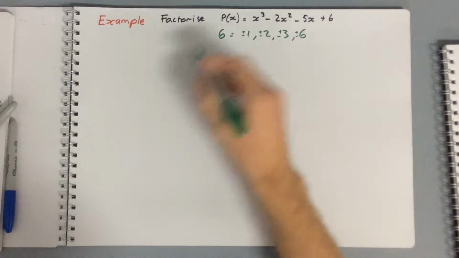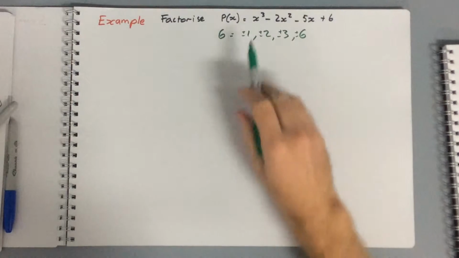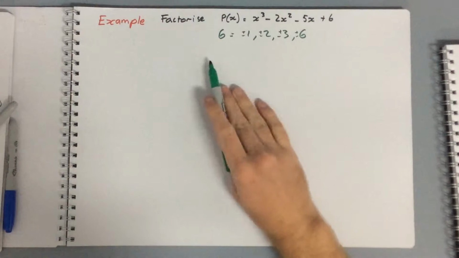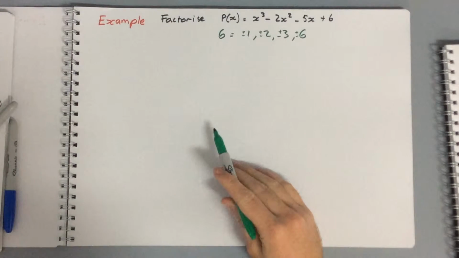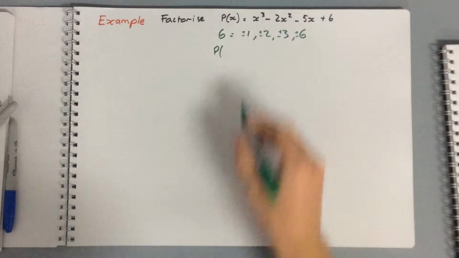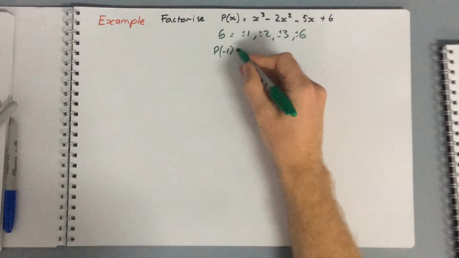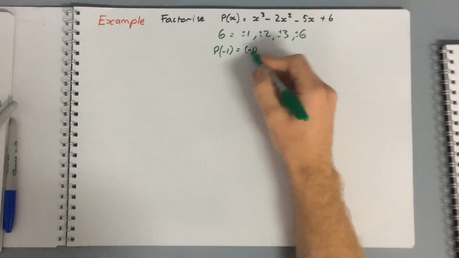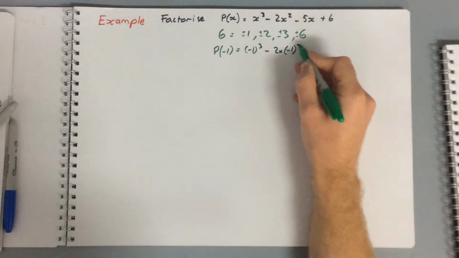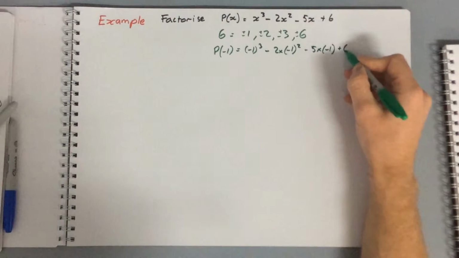Next step, using our remainder theorem. We're going to use one of these numbers in our polynomial, and hopefully it'll give us a 0. So let's have a look. We'll do the first one. Let's do minus 1. P of minus 1, what does that give us? Minus 1 cubed, take 2 times minus 1 squared, take 5 times minus 1 plus 6.